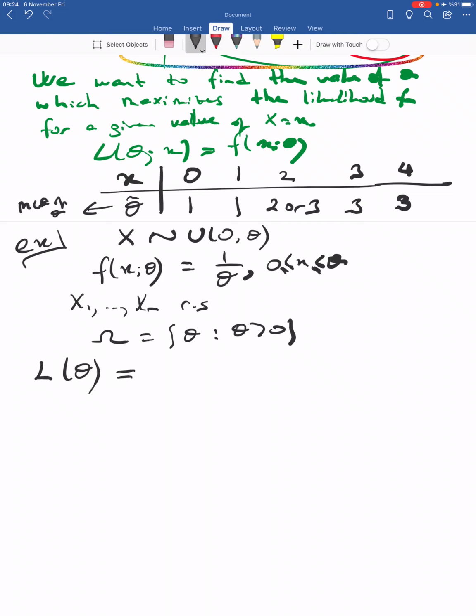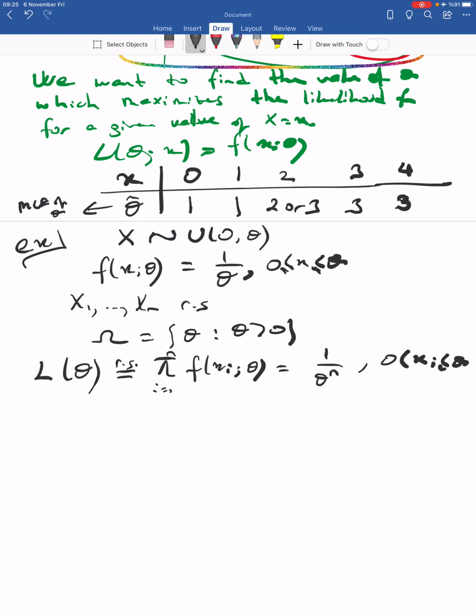When we write the likelihood function, we are multiplying our PDF for different xi values, a multiplication of marginal PDFs. So we have 1 over theta to the n. We don't have any x term here, and we need to write a range for theta.